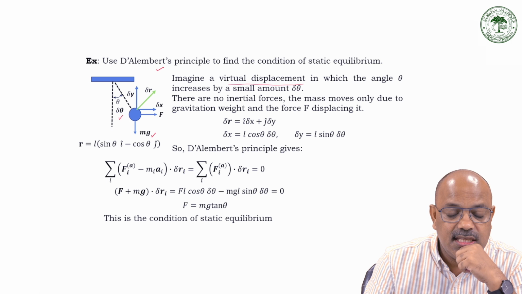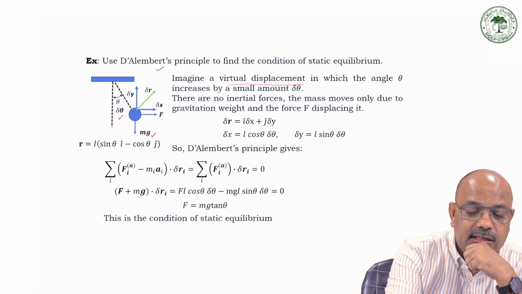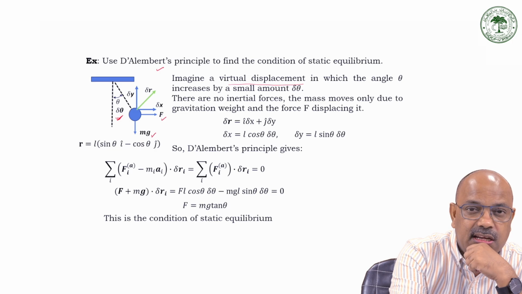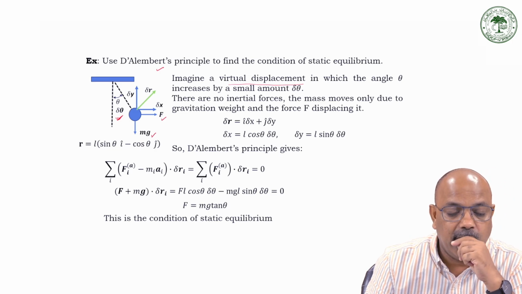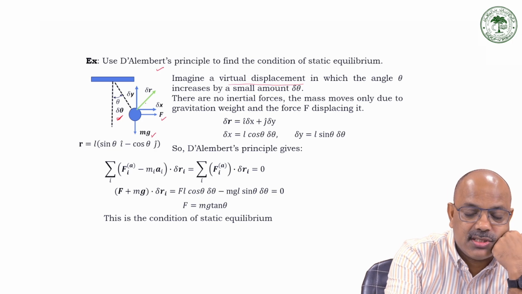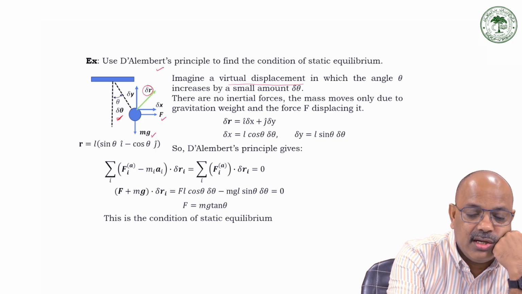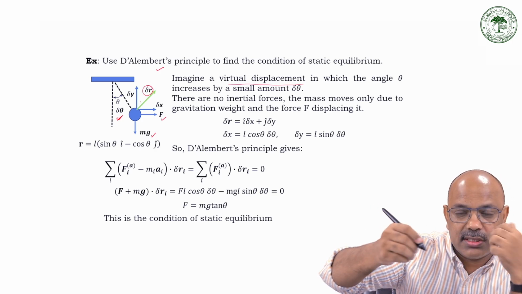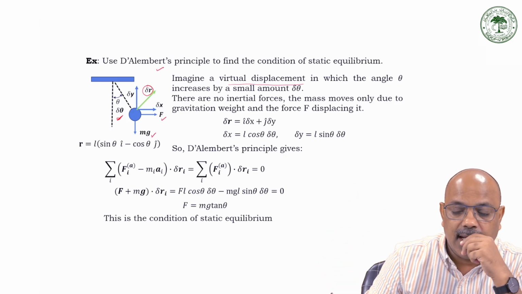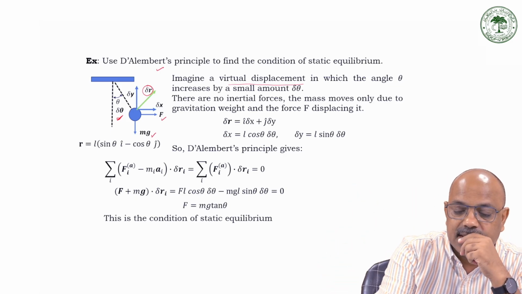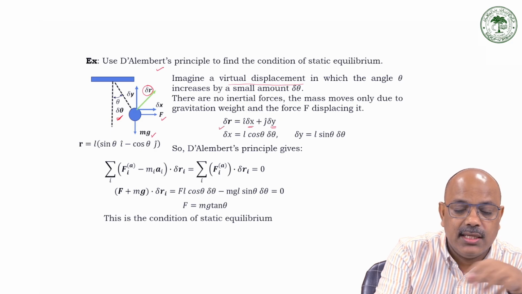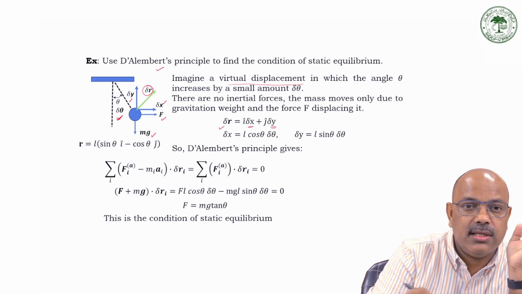If I apply this force F, then delta theta is this small virtual displacement, and that is related with my delta r here. Whatever I do is displacement, and this delta r has two components, delta x and delta y, as you can see here.